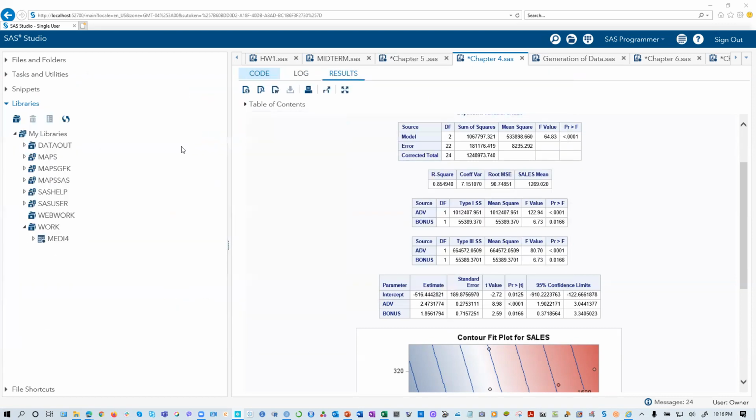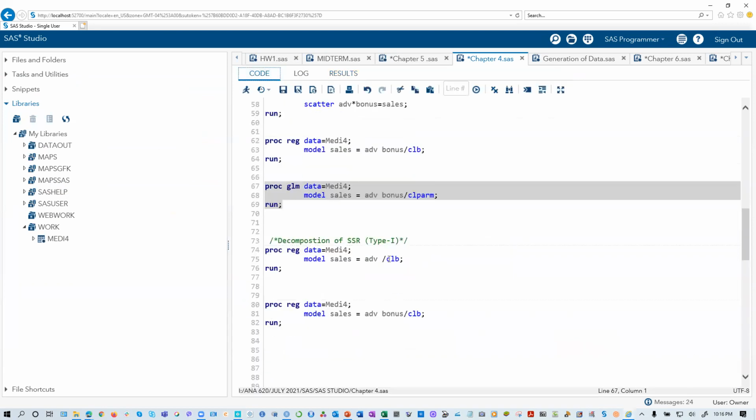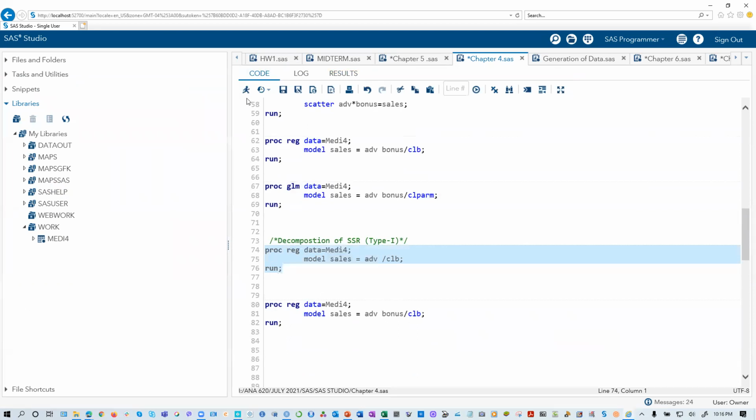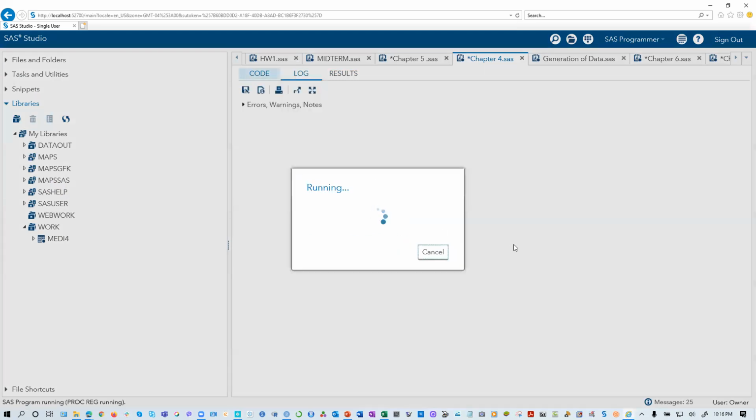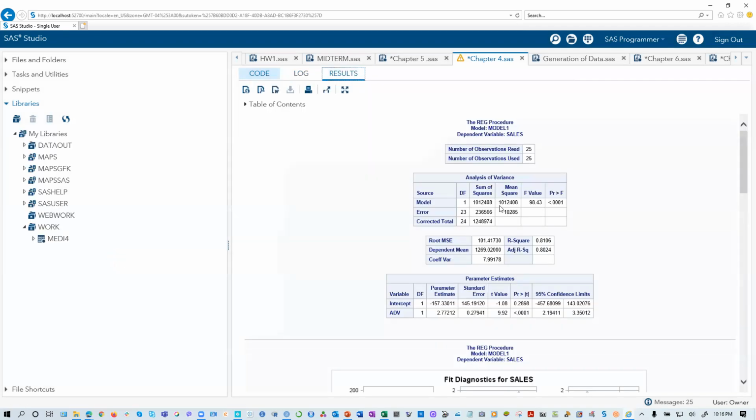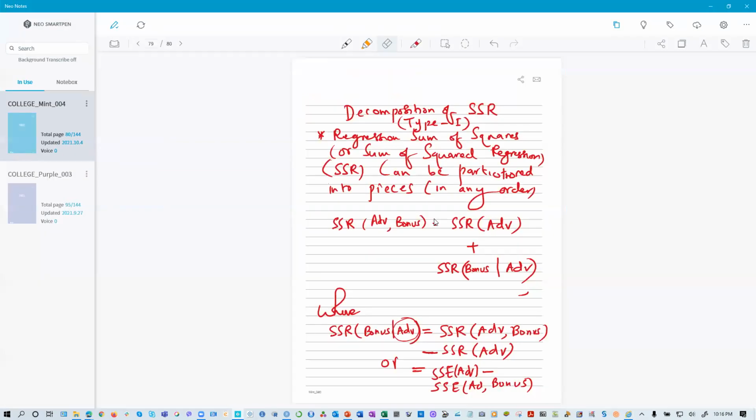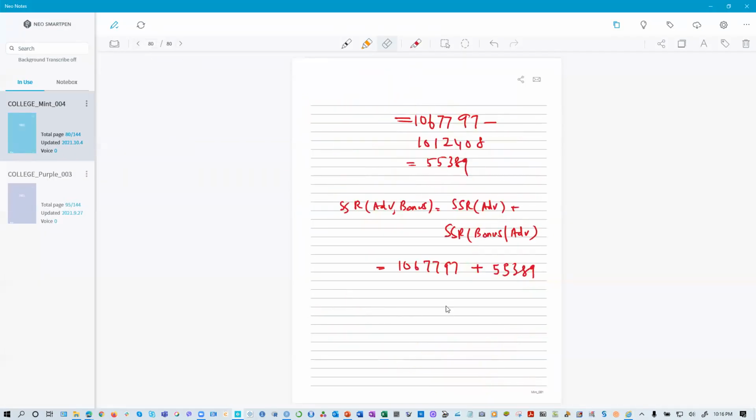Can you remember when it was run by that variable only? The advertising only regression, a single one. 101.2408. Sorry, I wrote the wrong one.